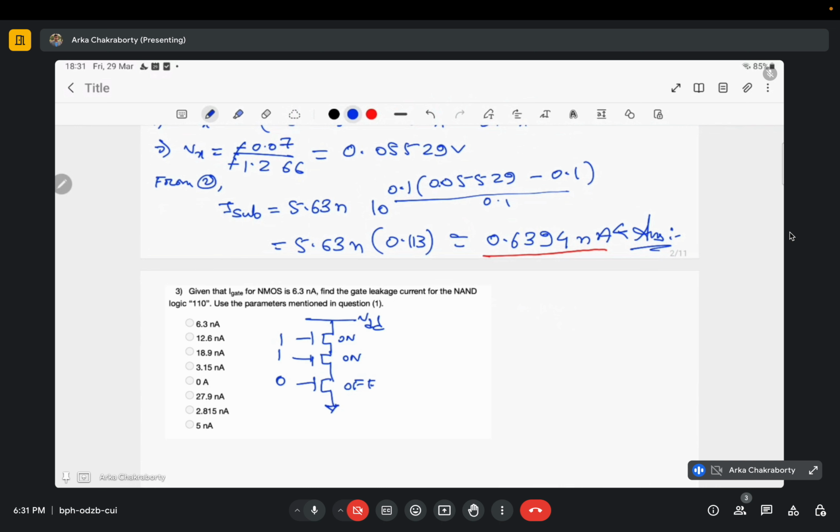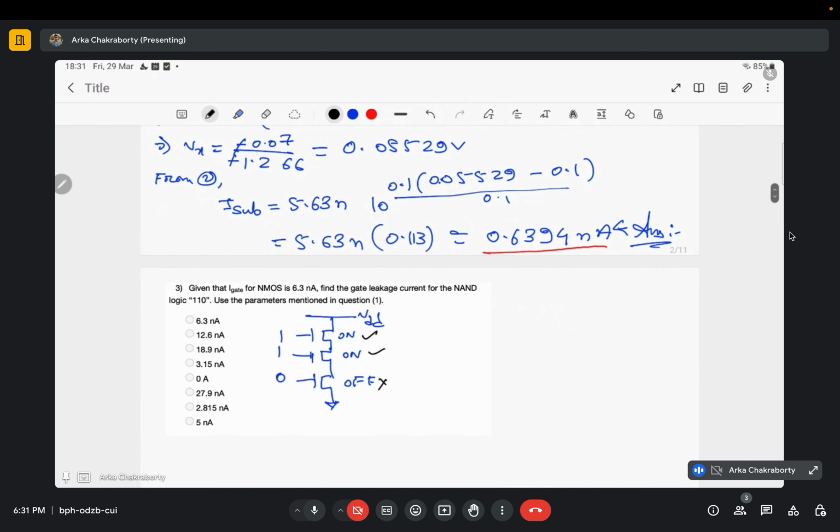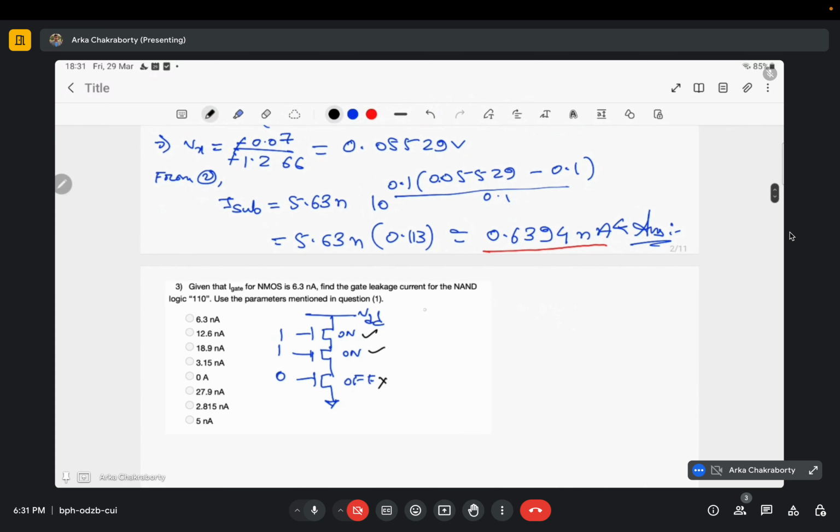Okay, so they have asked us to find the gate leakage current, not the subthreshold leakage current, the gate leakage current. And we know gate leakage current only comes for on transistors. So these two are our transistors of interest and not this one. Now if you remember, the gate leakage current only comes into picture if the VGS is significantly high, like around VDD.